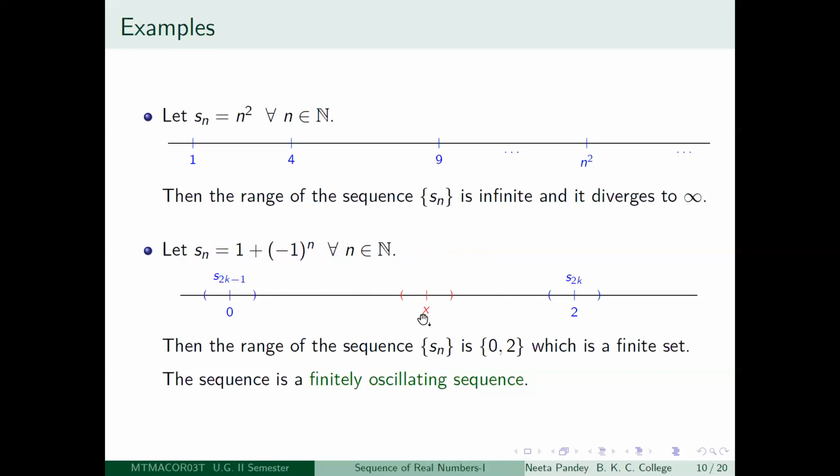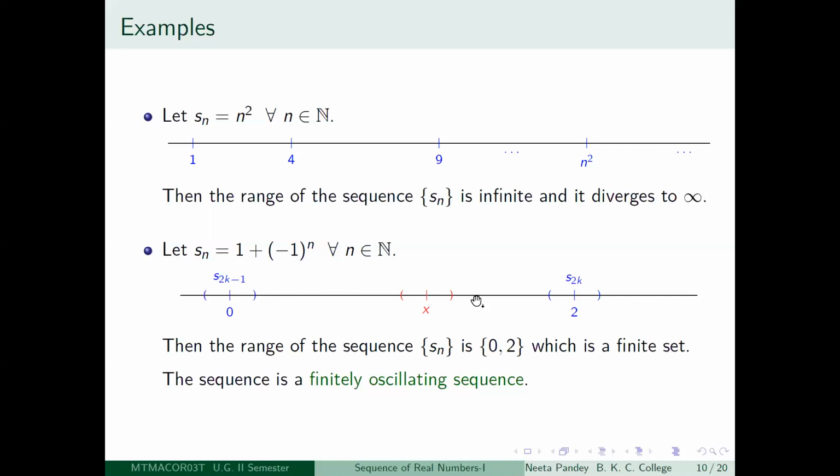So if you are able to get a neighborhood which does not contain any term of the sequence, obviously this is not going to be a limit point of the sequence, right? It is not going to be the limit of the sequence, sorry. So if you want that this sequence should converge, that convergent point or the limit of the sequence cannot be different from 0 or 2.